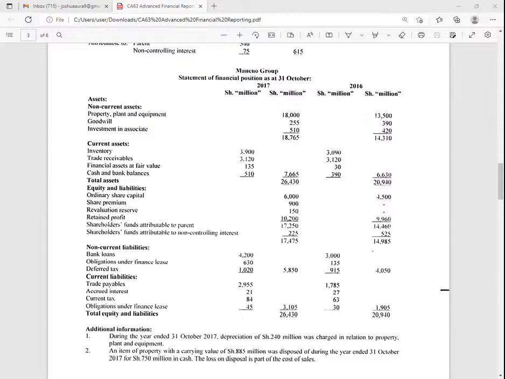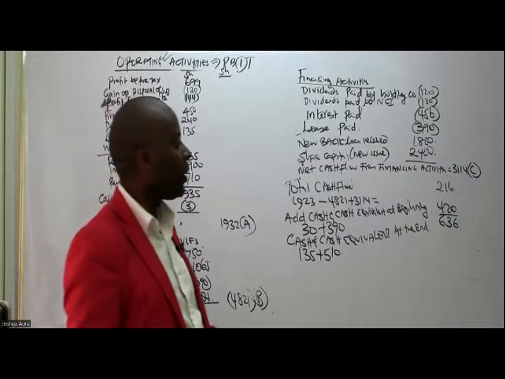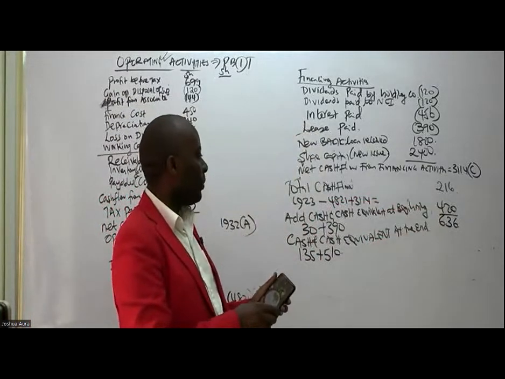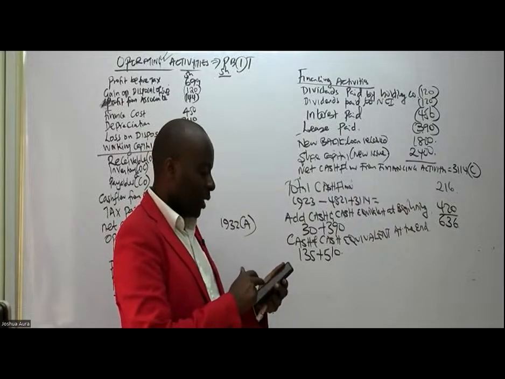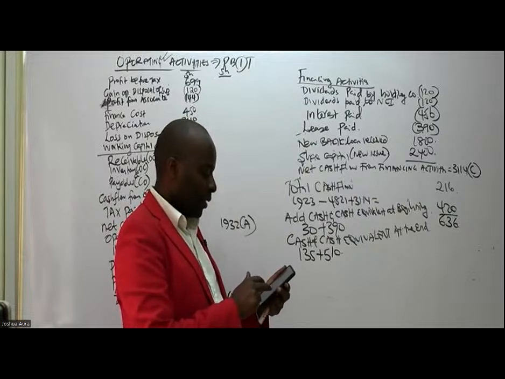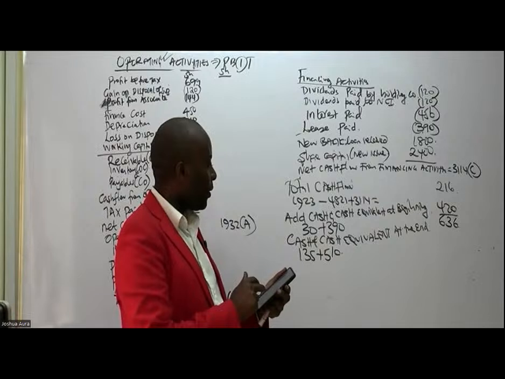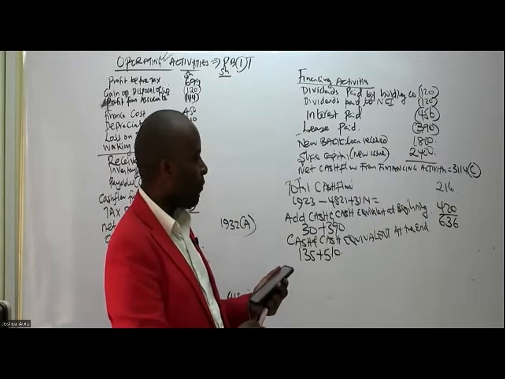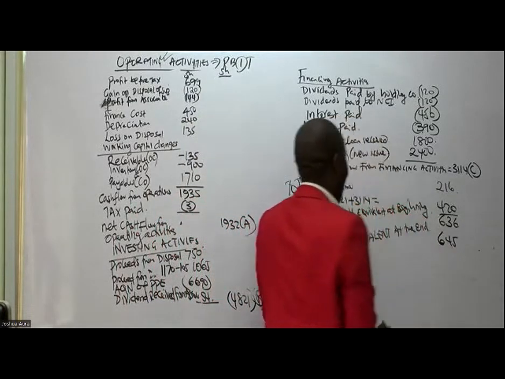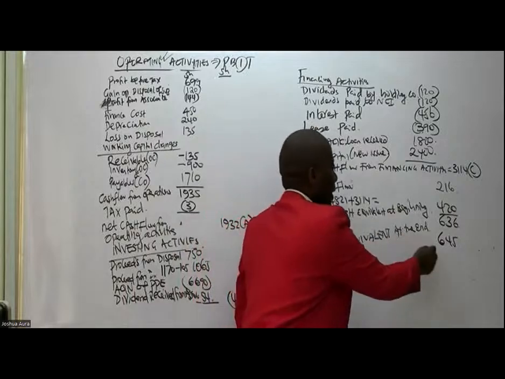Please try to confirm this 216 figure, whether it is the correct figure. We have 135 plus 510, giving me 645, meaning that there is a problem somewhere, because this figure should tally with this.